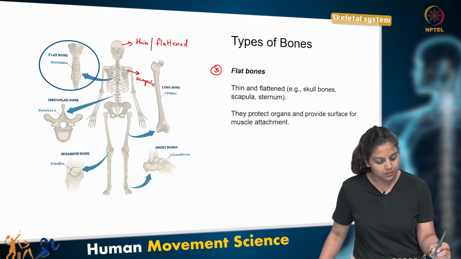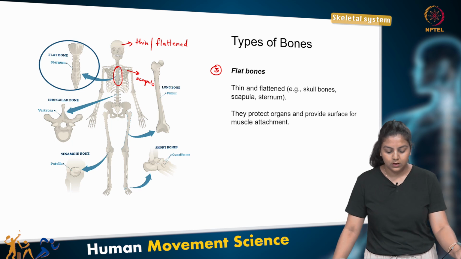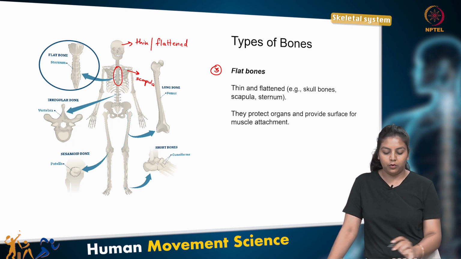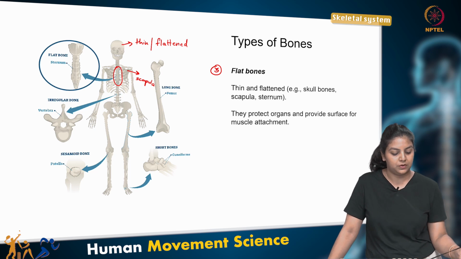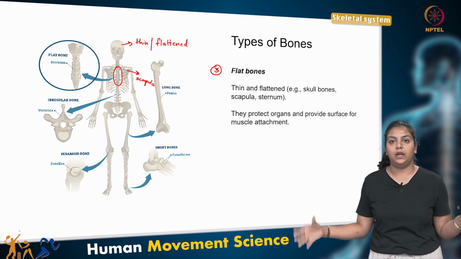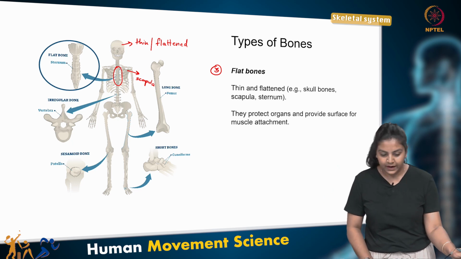Your sternum is where your ribs attach, right? They protect the organs and provide surface for muscle attachments. All of your rib muscles, called intercostal muscles, attach here. Your shoulder muscles, or rotator cuff, attach to the scapula, and of course the skull protects the brain inside it.